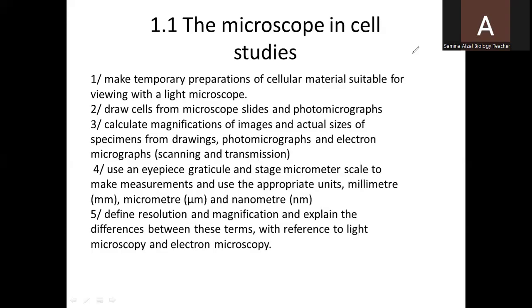Light microscope. It means you have to study microscopy, because there are 2 ways by which you can observe the cells. First of all, you will study the cell. You will study the different parts of the cells. Then when you are going to perform your practicals, you must know what microscopy is, how to observe the cells with the help of a light microscope, and how to perform the practical in the lab.